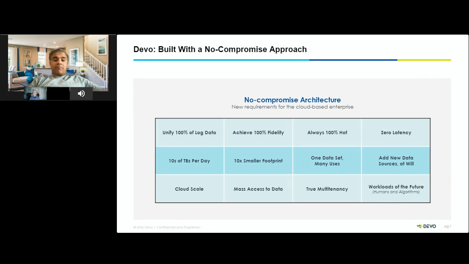Devo is built to solve today and tomorrow's data challenges. It's no surprise to everyone out there that the amount of data being generated is exploding. And there are more users requiring more searches and more automation to actually make sense and get value out of this data.